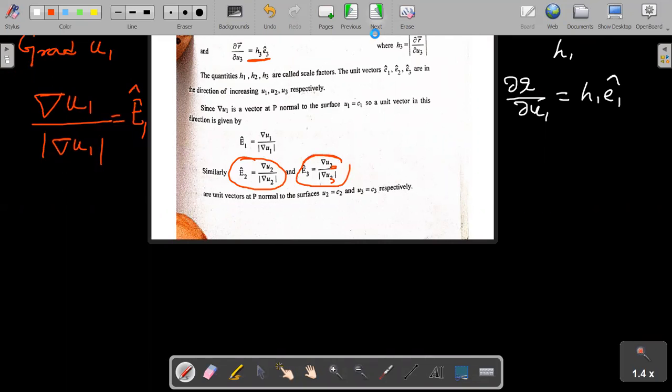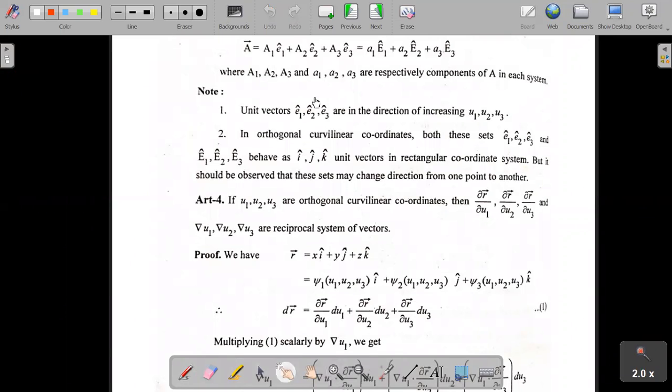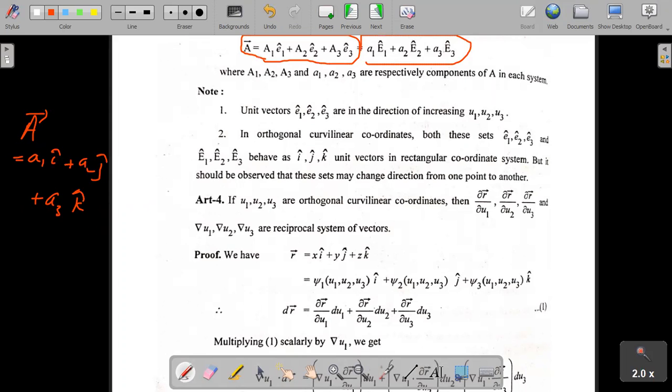So we have small e1, capital E1, small e2, capital E2, and so on. So in general, if I have any vector A, just as in XYZ coordinates we write vector A as A1 I cap plus A2 J cap plus A3 K cap, similarly here we can write it as A1 e1 cap, A2 e2 cap, A3 e3 cap. And if I want to write it in terms of the normals, I will write A1 E1 cap capital plus A2 E2 cap plus A3 E3 cap. So the rules you had there, everything is the same here.